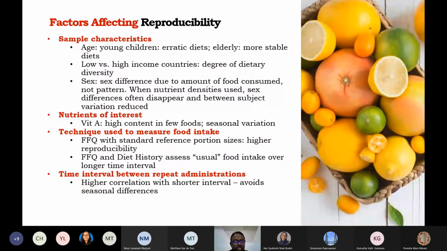Time interval between repeat administration is also a factor affecting reproducibility. There is a higher correlation with shorter interval, because a shorter interval avoids seasonal differences. Shorter means in the range of 4 to 8 weeks, as we have explained just now.